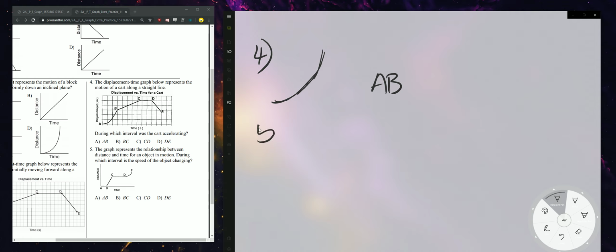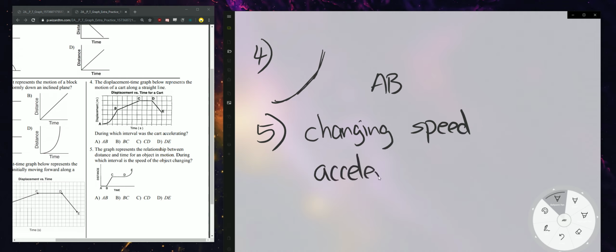And the same thing goes for 5. It asks, during which interval is the speed of the object changing? If you have a changing speed, you have an acceleration. And if you have acceleration, you know your line is curving.